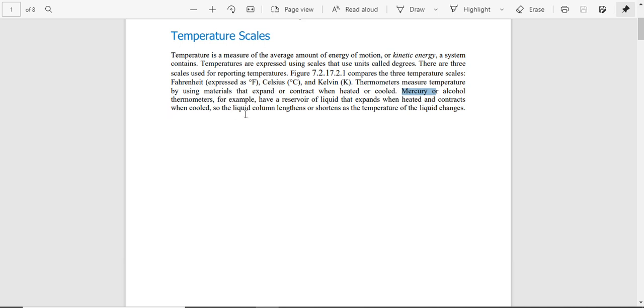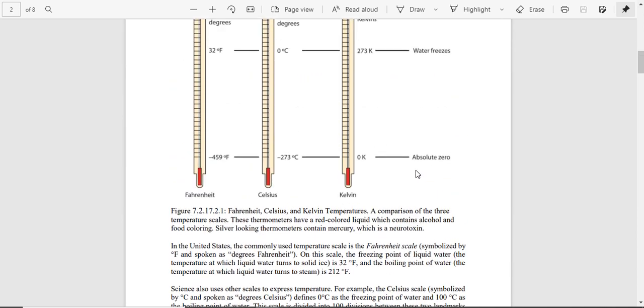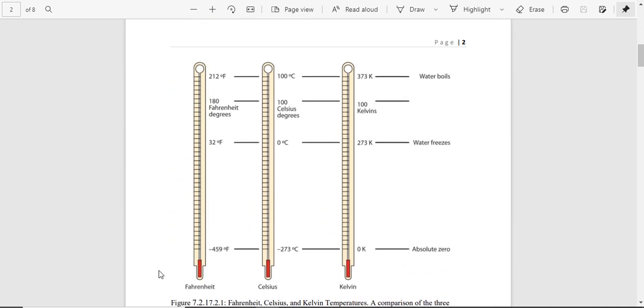Here is an example. So for your thermometers, you have your Fahrenheit, your Celsius, and also your Kelvin. For example, if you have 100 degrees Celsius here, if Fahrenheit naman ang conversion, it is 212 Fahrenheit.